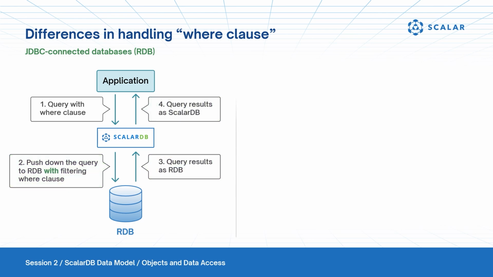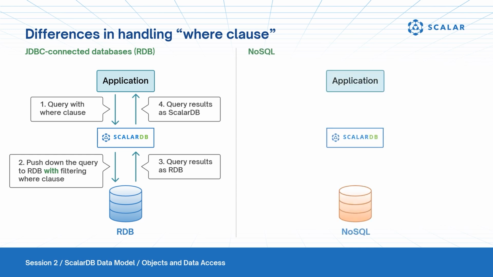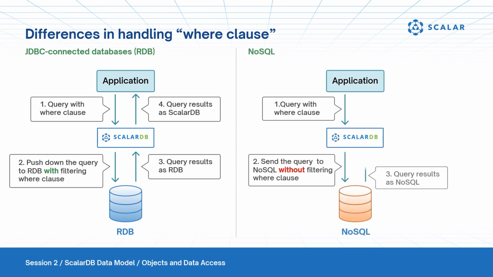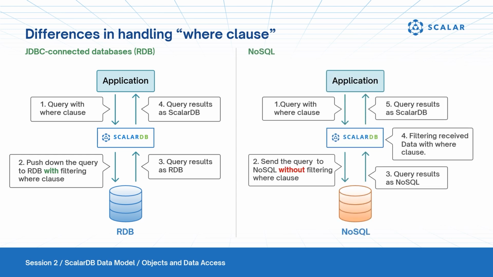On the other hand, with NoSQL databases, filtering is performed at the ScalarDB layer based on the results of conventional partition key or clustering key, index, and scan all operations. The results are returned to the application. Therefore, if the amount of data retrieved from a NoSQL database is large, attention must be paid to performance and costs.